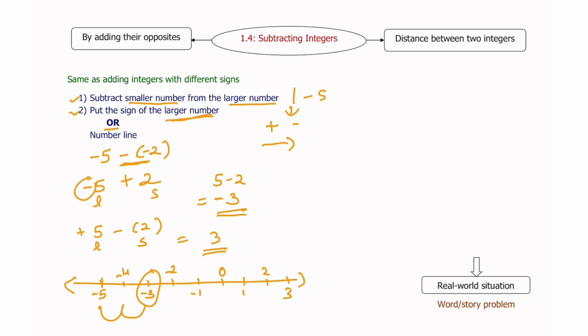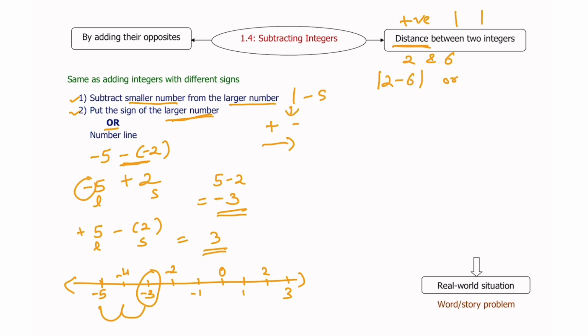The next part says distance between two integers. Distance is always positive. It is never negative, which means we are going to use absolute values here. Let's understand this with an example. Distance between 2 and 6. How do we find this? It's simple. You put them in the absolute value format, 2 minus 6.